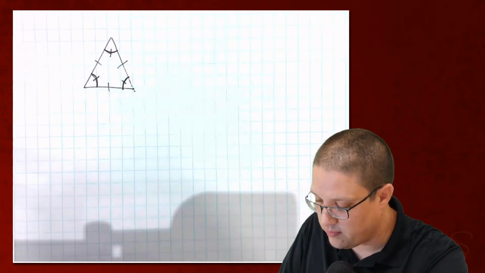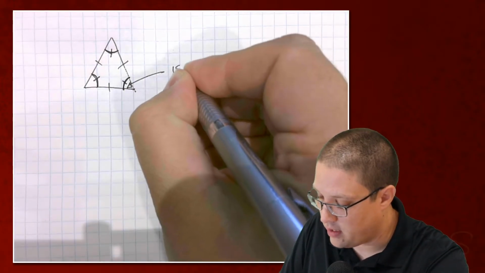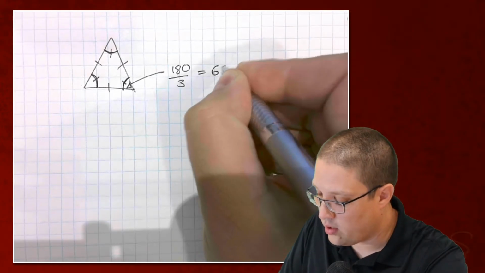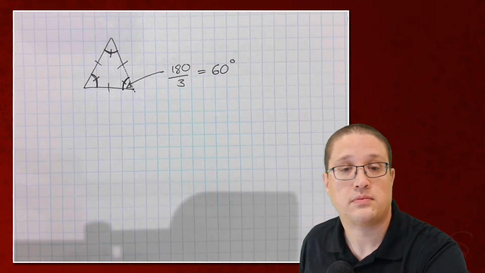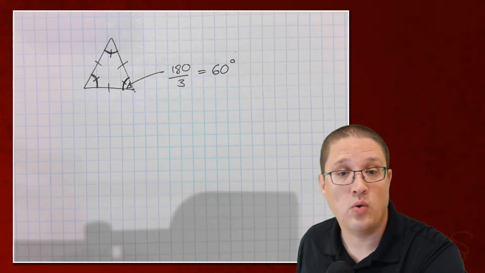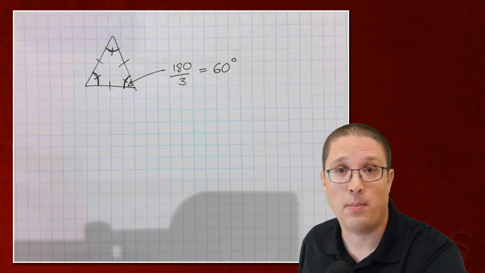These angles must all be the same, which means each of these must be 180 divided by 3 or 60 degrees. So if I have an equilateral triangle, I know that all three angles are also 60 degrees. That's important. That's a really useful property.